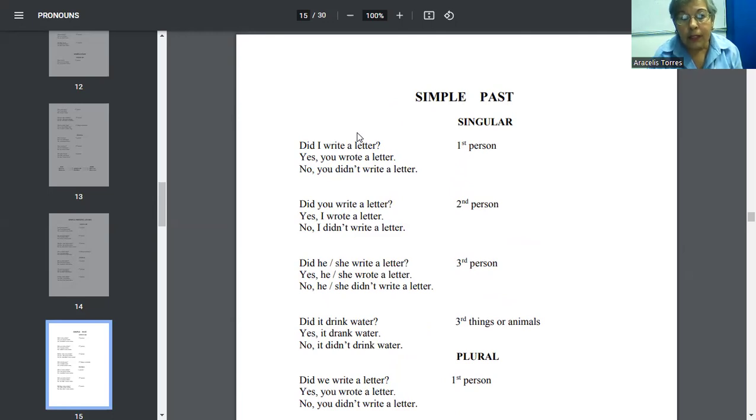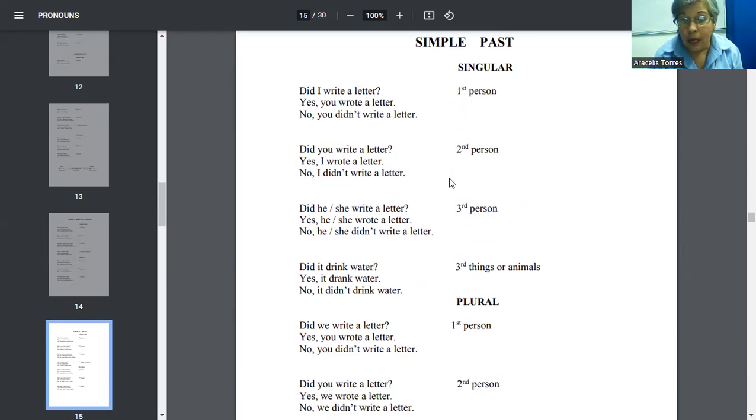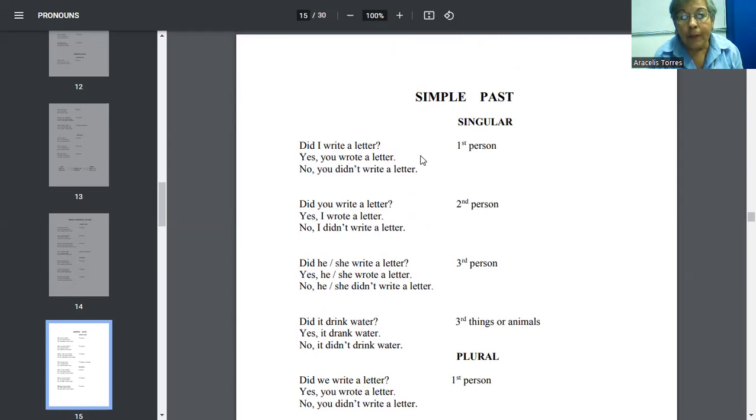The only change, remember, in the present is that for the third person you add S or ES. But in Spanish the verbs tell you who is speaking. In English, no. So in the past tense, all the persons use the same verb. It doesn't change.